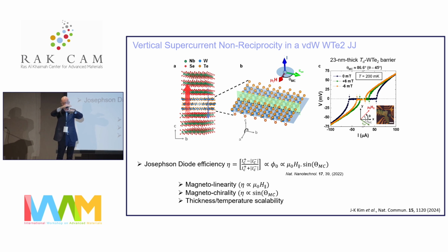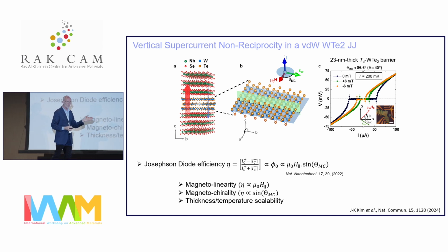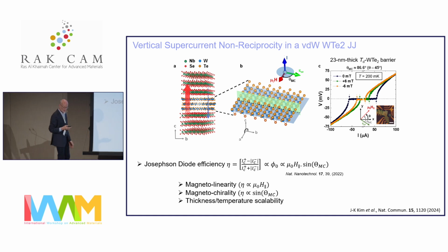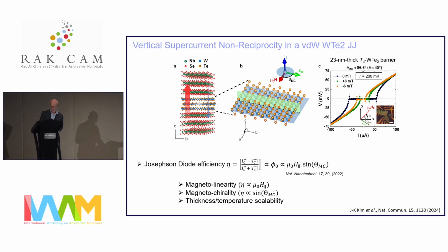And now in the plane of the tungsten ditelluride, we have to apply a magnetic field to see the diode effect, but now we can change the direction of that magnetic field with respect to the tungsten ditelluride orthorhombic crystal structure, and we only see a diode effect when the field lies along a particular crystal direction in the tungsten ditelluride, confirming that the intrinsic origin of the diode effect is related fundamentally to the properties of the tungsten ditelluride.